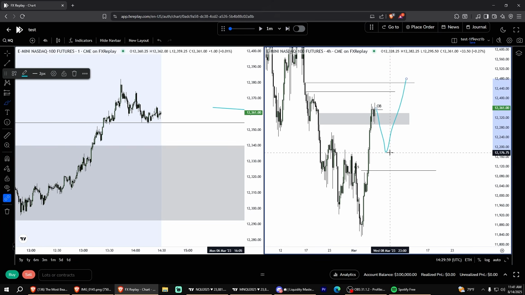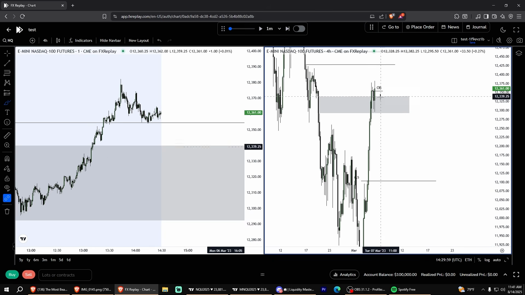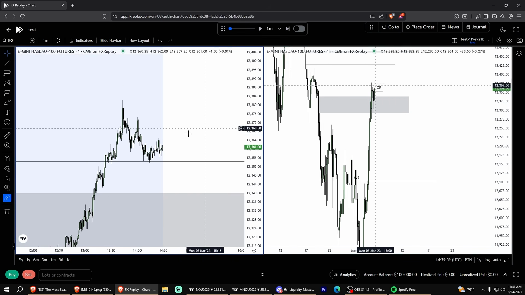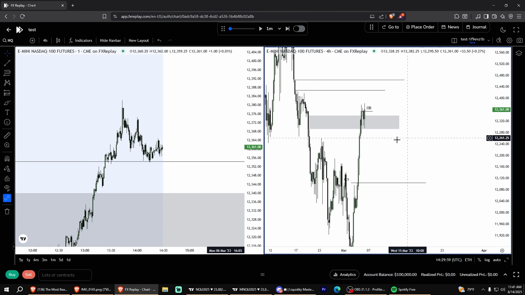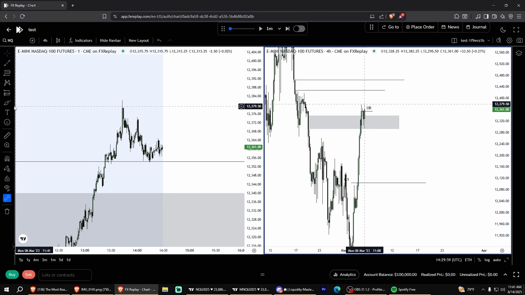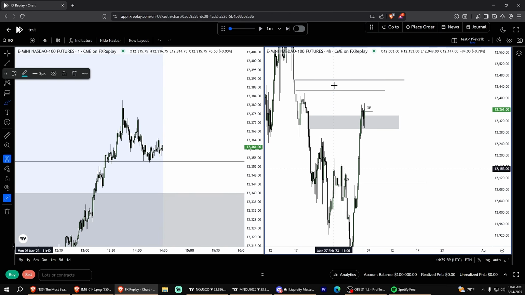I love a dream scenario here, but I'm more leaning on just this happening, which you could still probably find a play. But the draw on liquidity doesn't change whether we go down first and get a dream scenario here, or here. It doesn't matter. The draw on liquidity is still up here.